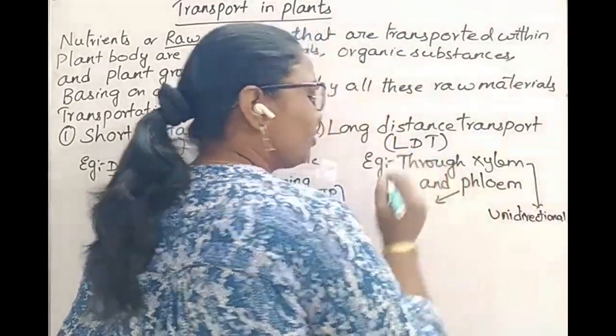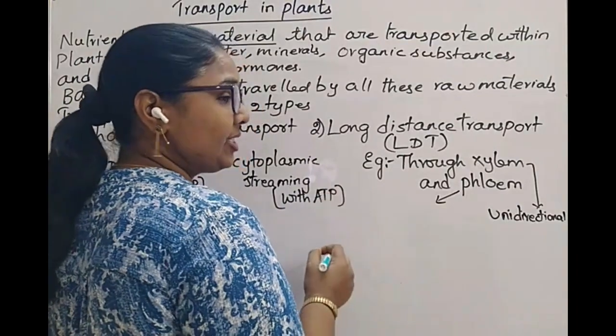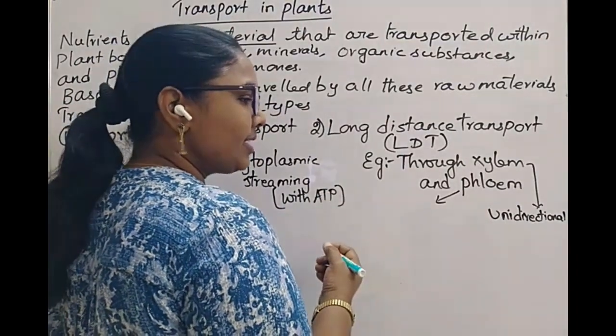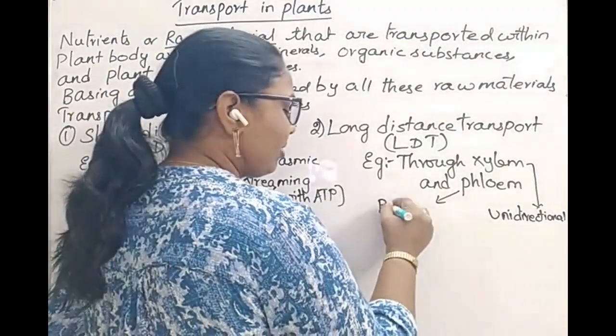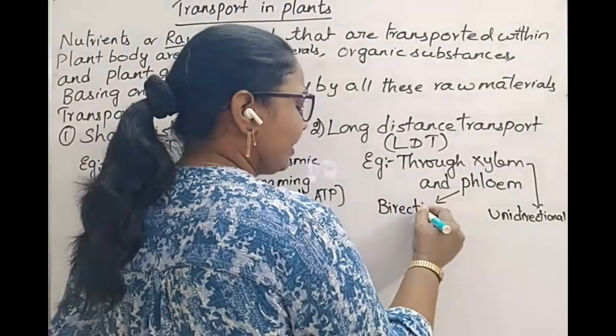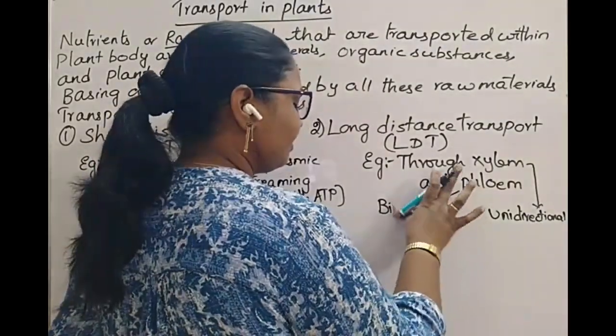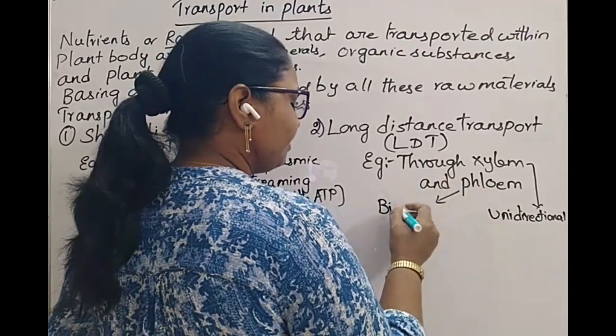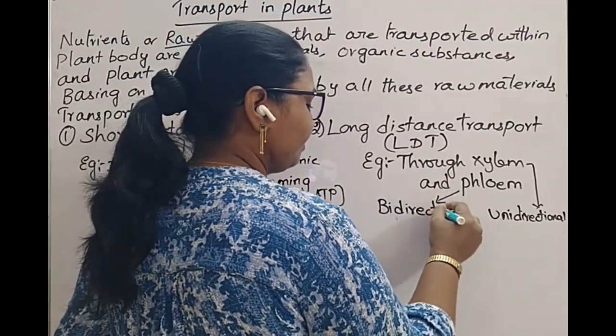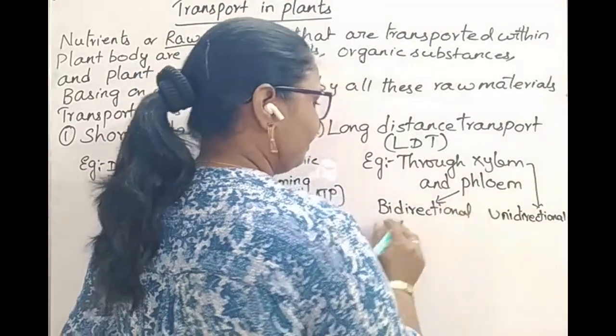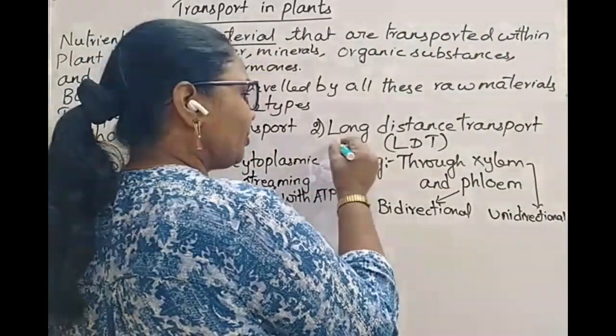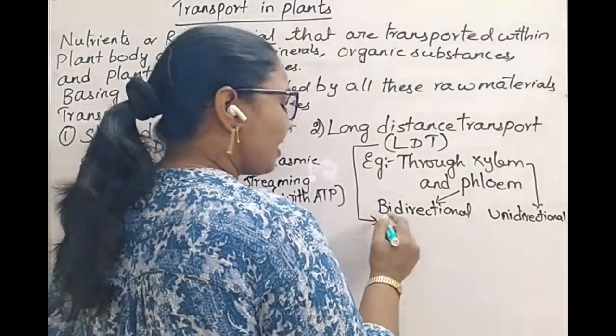The transport through phloem is bidirectional, and we can also say it is multidirectional. But according to NCERT, we will write bidirectional. Long distance transport can also be called translocation.